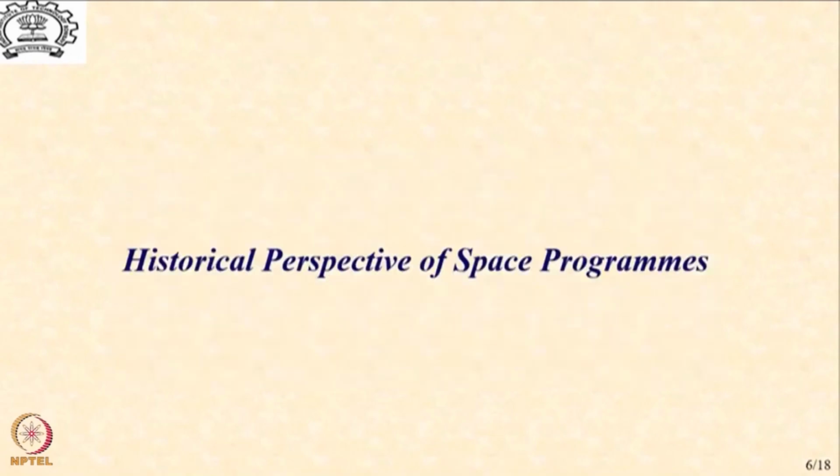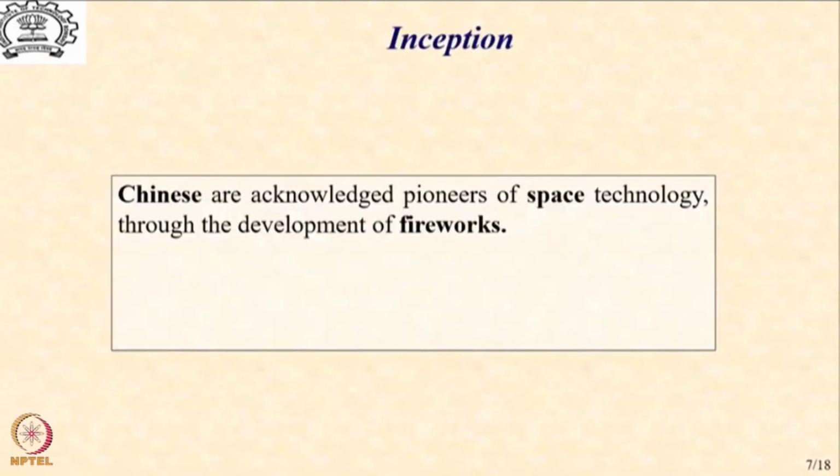Let us take a quick look at the history of how the space programs have evolved and understand some of the things that we are currently looking at. So the inception or the beginning is generally attributed to the Chinese with the development of fireworks which happened there.